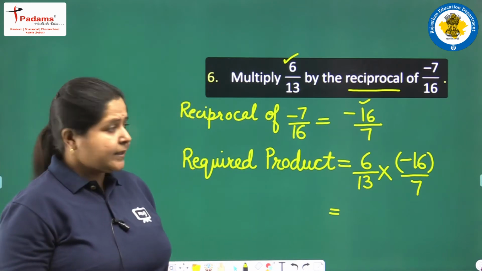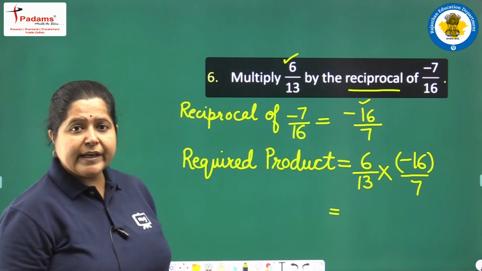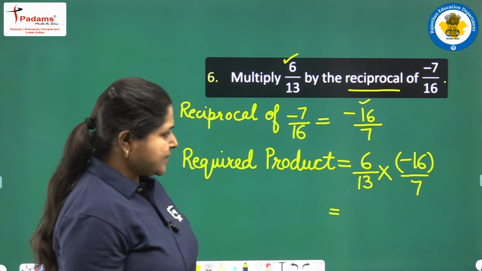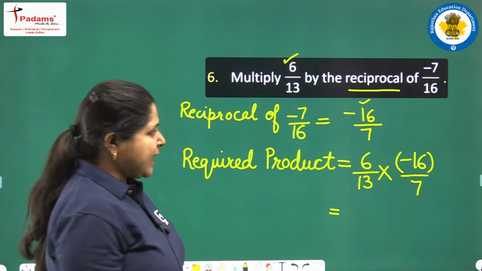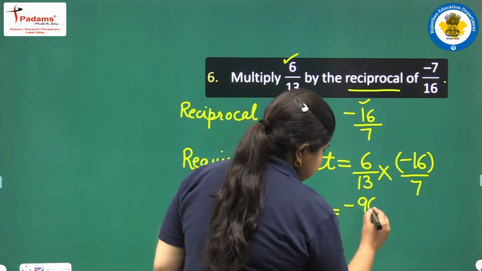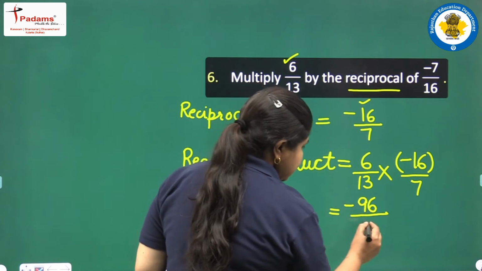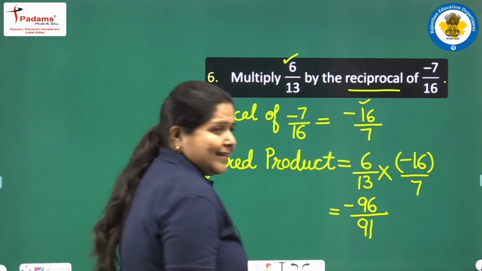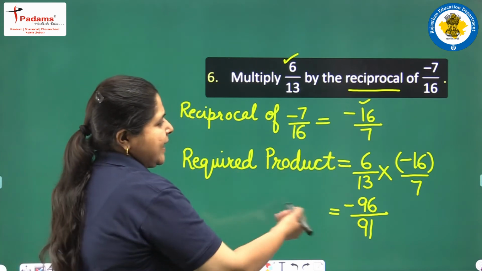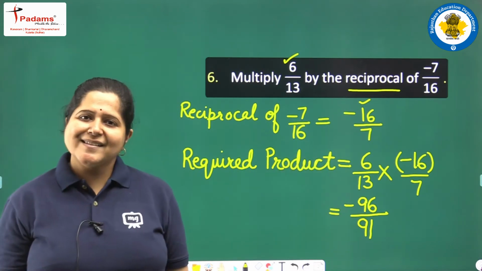Let us check whether the numbers are being cancelled in the numerator and denominator. You will find that there are no such numbers. So we can simply multiply them. 6 into 16 will be 96 and 13 sevens is 91. This is the answer. So simple. Just find the reciprocal and then multiply. You will get the answers.